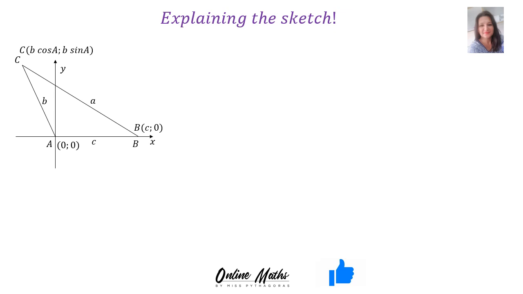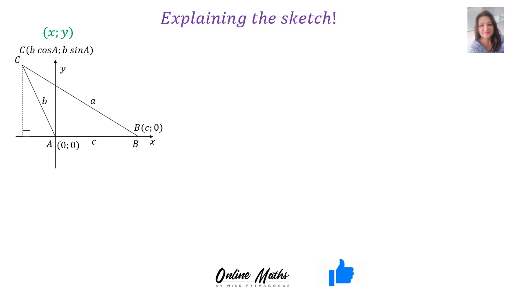Now let me explain to you where that comes from. That's the important bit. First of all, the point C consists of an x and a y coordinate. And it works like this. There at C, you drop a perpendicular or an altitude to form a right angle triangle.